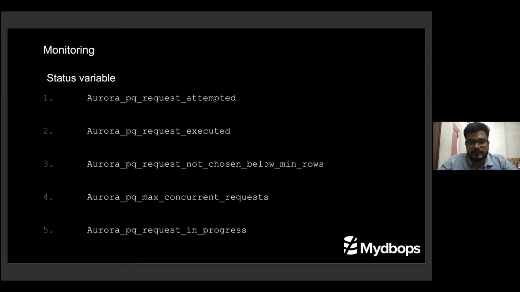If you go with X large, it will accept two concurrent parallel queries. So based on that value, the number of parallel queries will be utilized. Next one is requests in process, which means the number of parallel queries currently executing in the server.